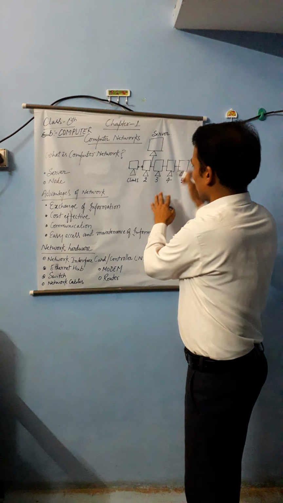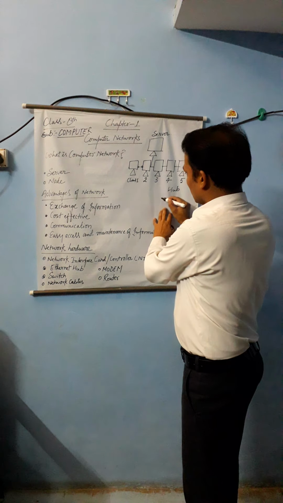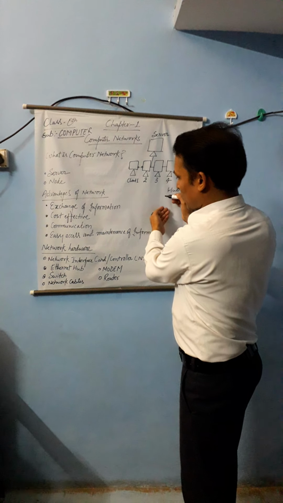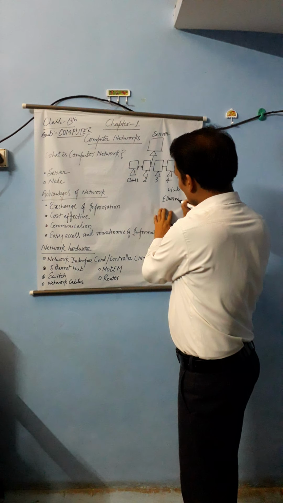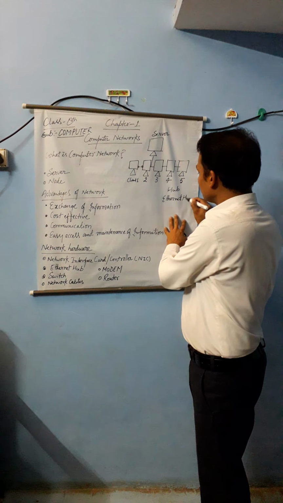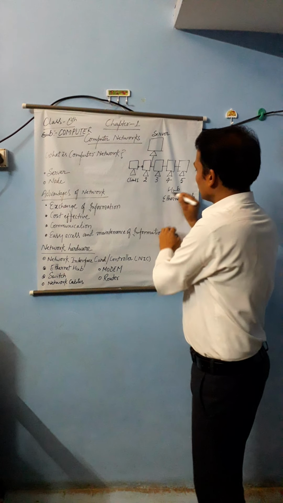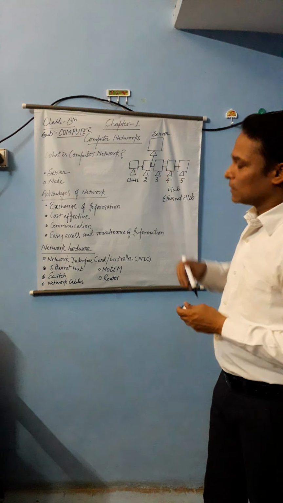A node can also be a hub, or you can say an Ethernet hub. Ethernet is also an advanced hub. You can see here this is a hub, and these hubs are also connected to the network.